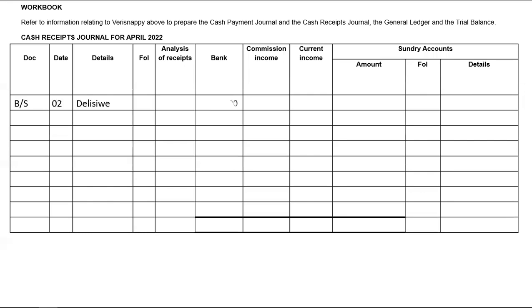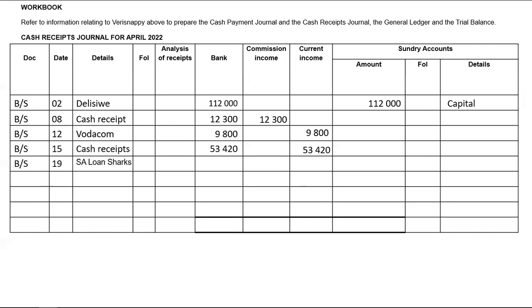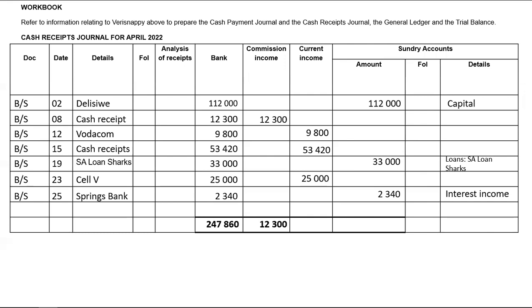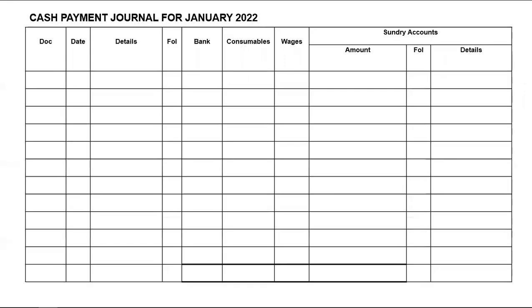The total of your bank account, whatever you will have as your bank total, will be the one that we take to the debit side. So that 247,860 will be the one that we take to the debit side of your bank.